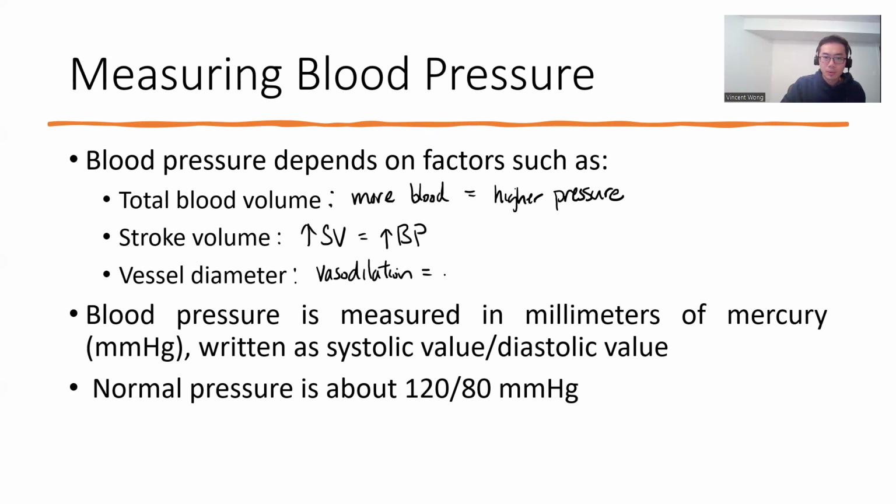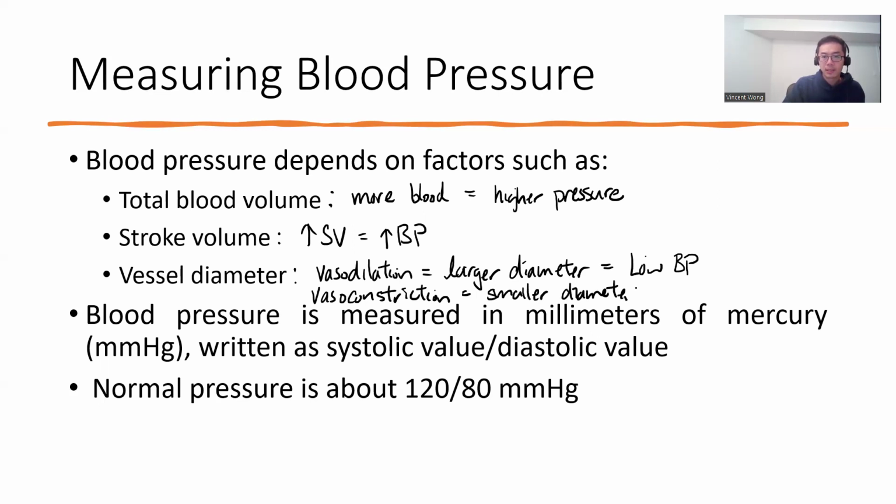So that equals a larger diameter, which equals lower blood pressure. More room, right? Less pressure. The opposite of vasodilation is vasoconstriction. You are squeezing the blood vessel. So smaller diameter, which translates to higher blood pressure.